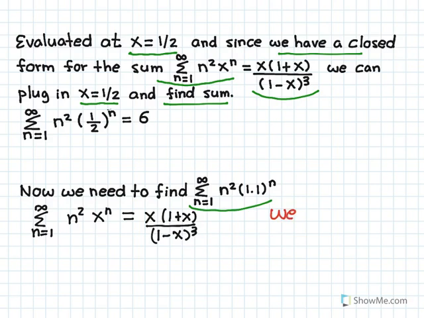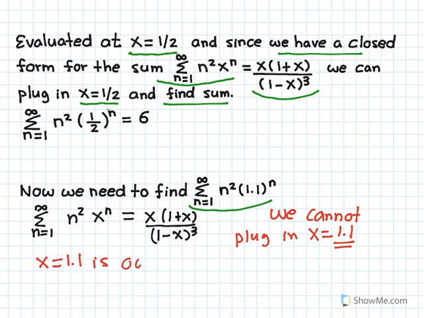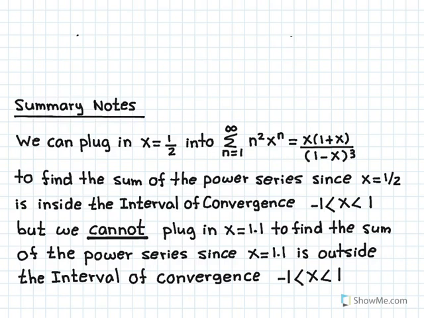We cannot plug in x equals 1.1 because x equals 1.1 is outside the interval of convergence, negative 1 to 1. All right, so that means that the summation n equals 1 to infinity of n squared times 1.1 to the power of n diverges. That means the sum goes to infinity.